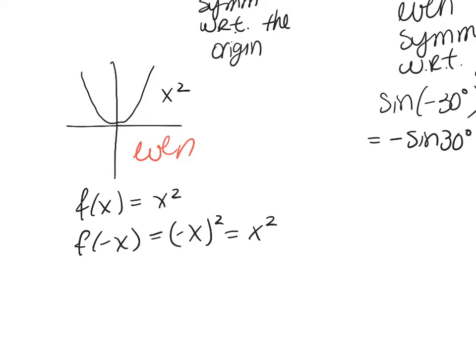What odd and even says when I have symmetry with respect to the y-axis is that this allows me to put in a positive 1 and get the same answer as if I put a negative 1 in there. I'm going to get the exact same answer. So whatever happens on this side of the y-axis, I have a matching pair on the other side of the y-axis. So that's symmetry with respect to.